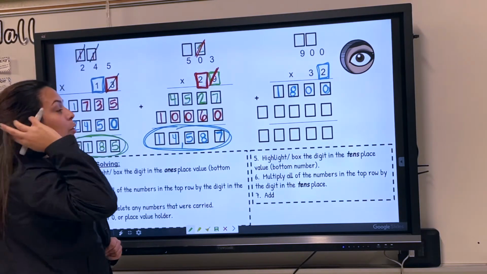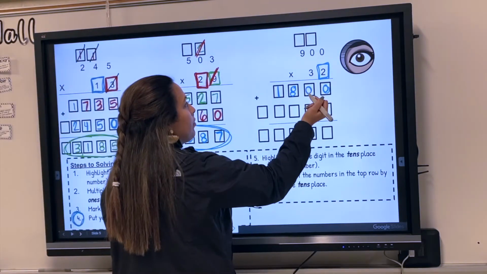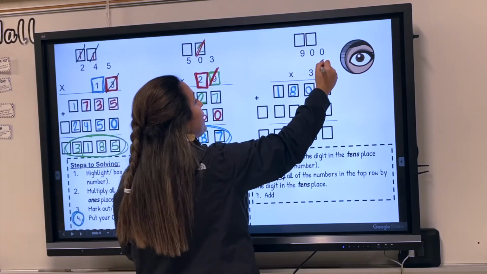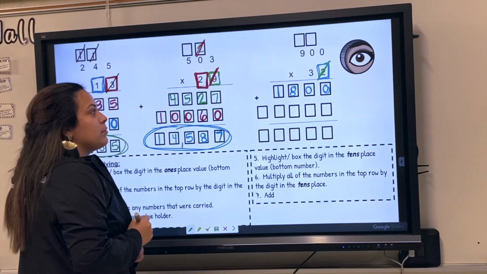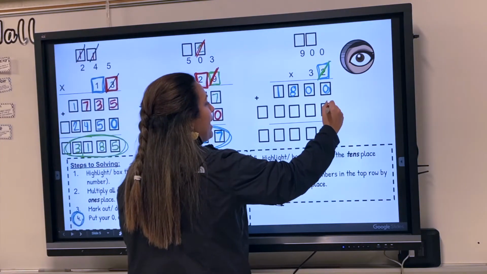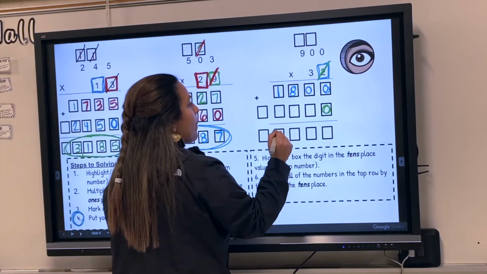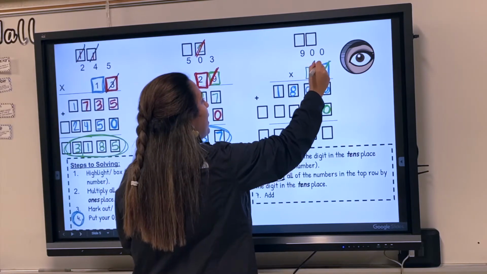Now, I'm going to mark out the numbers I don't need. I didn't carry anything, but I will still mark out that 2. I'm going to put my place value holder and then box my 3.